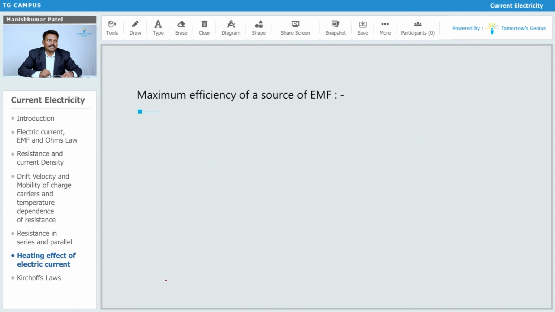Now, what is the maximum efficiency of a source of EMF? The efficiency is output upon input, so it is VI upon epsilon I, that is V upon epsilon.